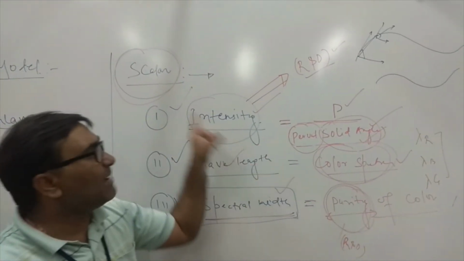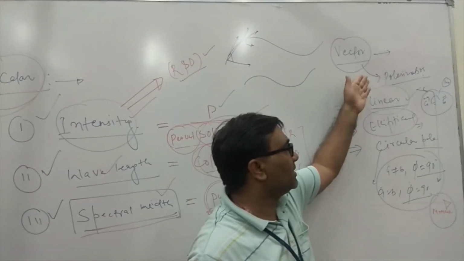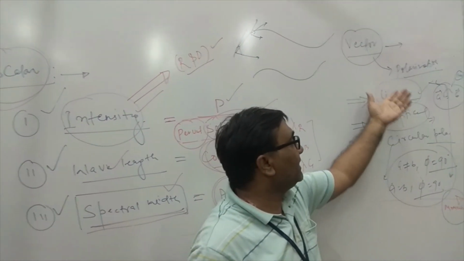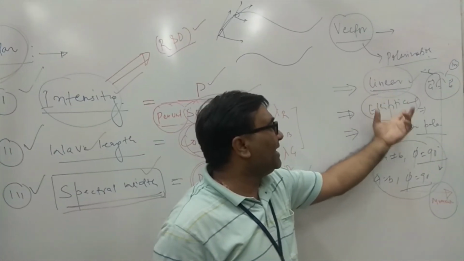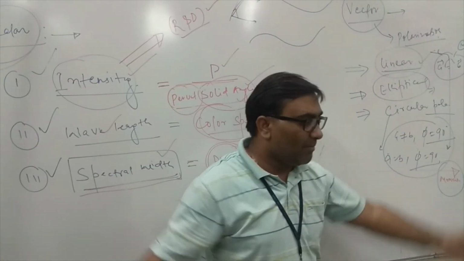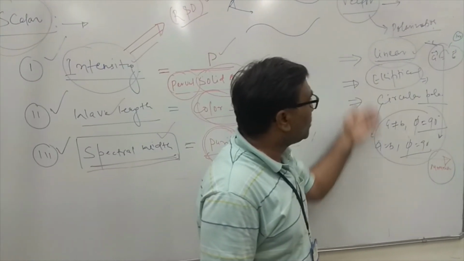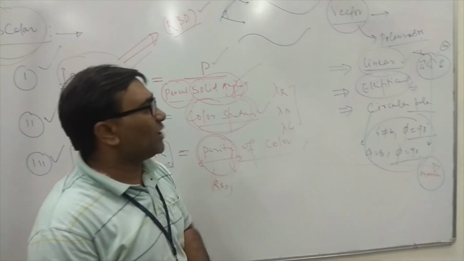At the same time, vector is directly related to polarizations. Here we can explain linear polarization, elliptical polarization, and circular polarization. I have already given the example with my two hands, and you are able to understand these three types of polarizations.